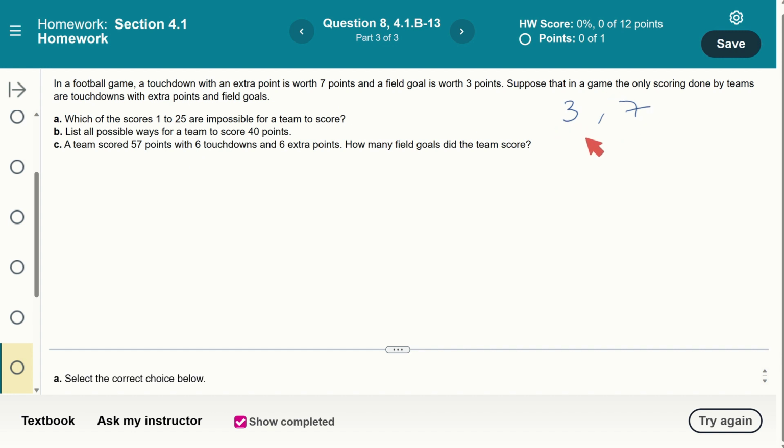Any score should be some combination of one or both of these, or more than one of these with more than one of those. That's how you're going to get your proper scores. And once you keep that in mind, this becomes a relatively easy question to answer. There may be a little bit of busy work involved. You have to try different combinations, but very doable.